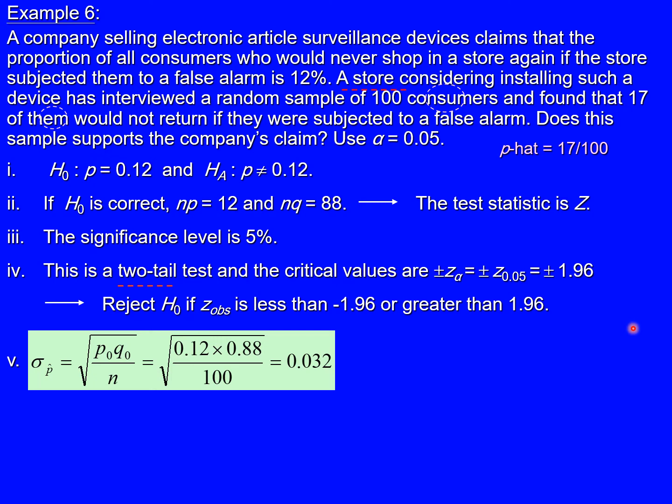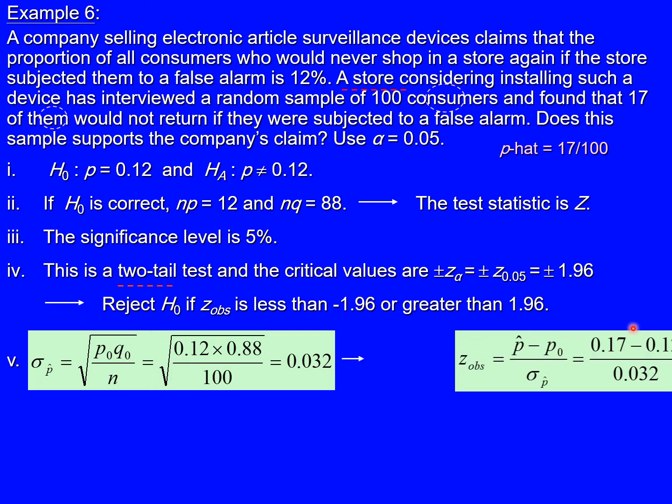That equals the square root of 0.12 times 0.88 over 100, which equals 0.032. That's the standard error.